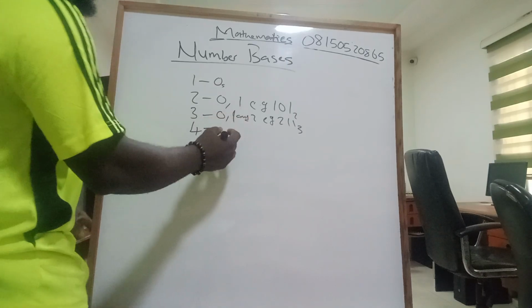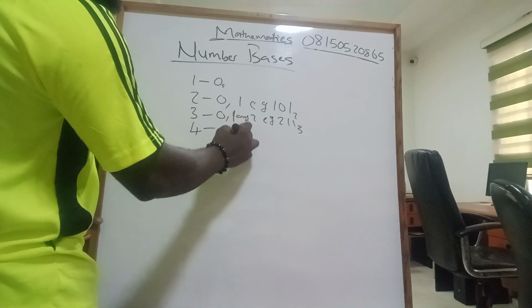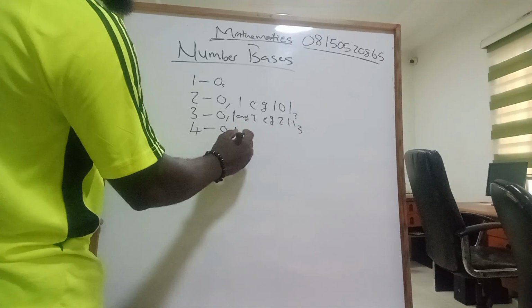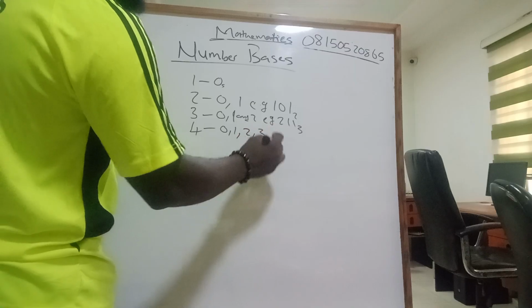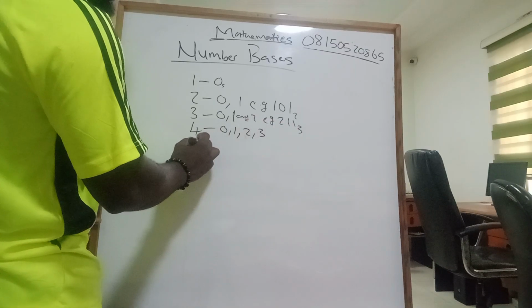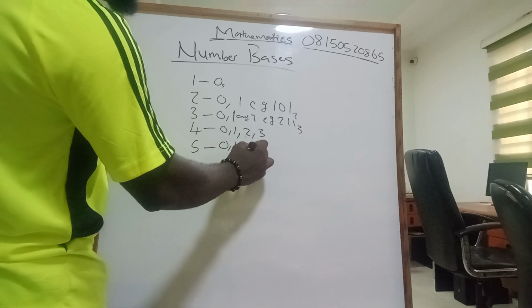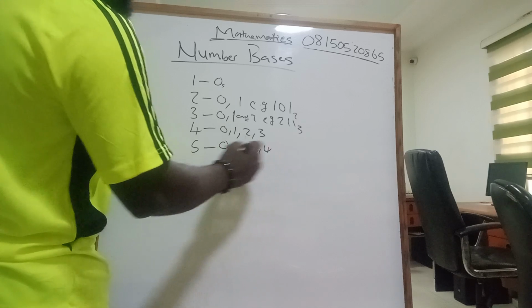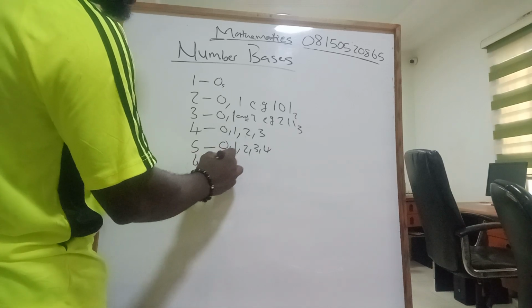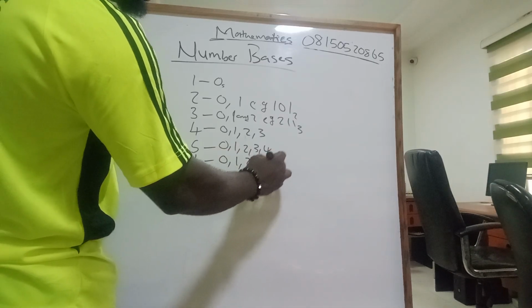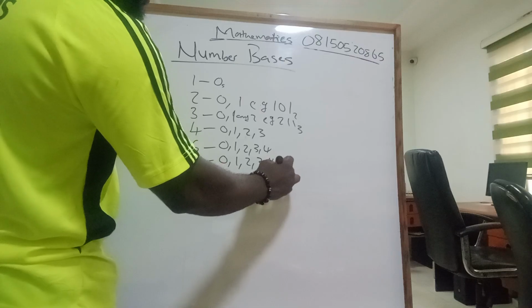Base 4 is comprising of 0, 1, 2, 3. Base 5 is comprising of 0, 1, 2, 3, 4. Base 6 is 0, 1, 2, 3, 4, 5.